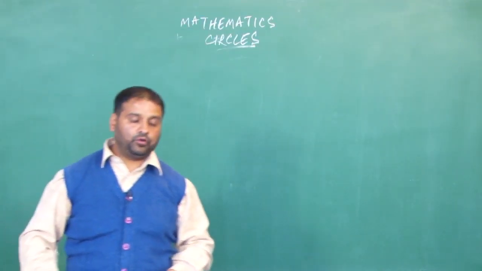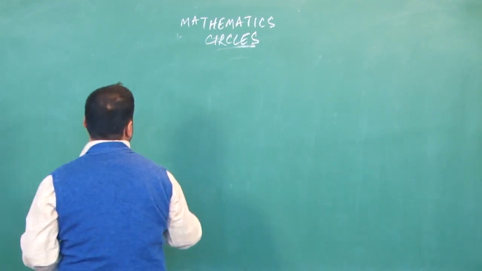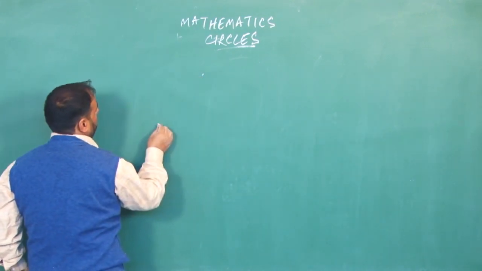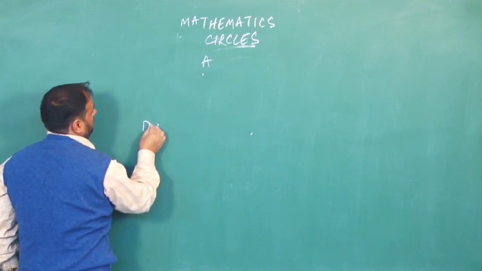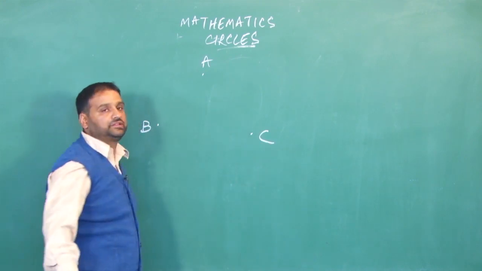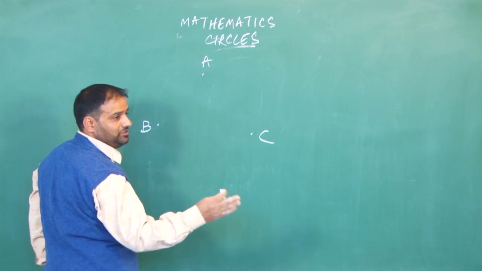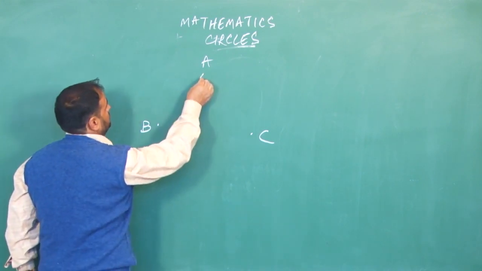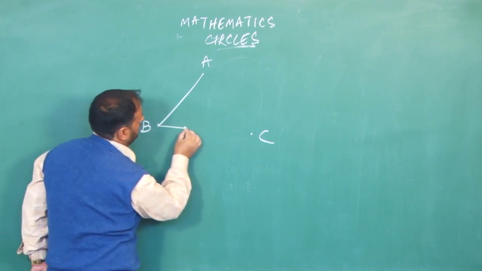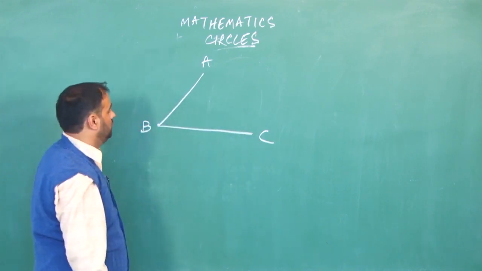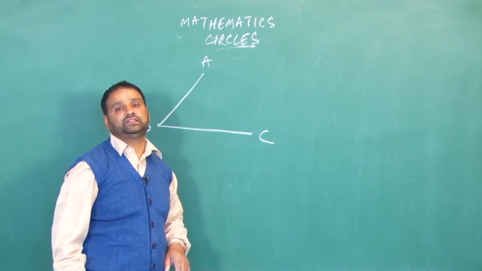There is another important result for the 3 non-collinear points. If we draw 3 non-collinear points A, B, and C, we need to know how many circles can pass through 3 non-collinear points. For that, let us join all these points, join A to B, then B to C, and with the help of the compass, draw the perpendicular bisector of BC.